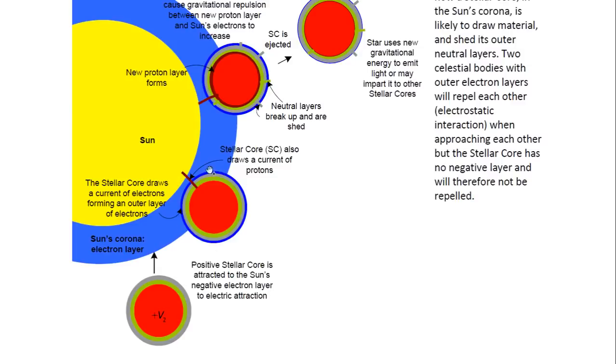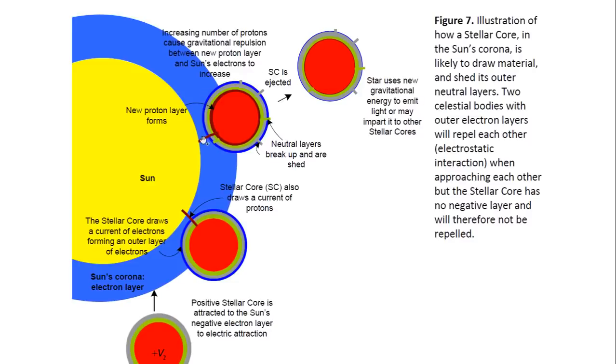And then once it has interacted electrostatically with the sun and gained a thin layer of electrons to go along with its positive charge, it will start drawing protons or matter from within the sun, and this matter will form a layer above the core of the object, and this neutral layer will start breaking up and it will be shed, and as the star gains protons, eventually gravitational repulsion between these protons and the sun's layer of electrons will cause the star to be ejected, but it will eventually come back and draw some more protons and electrons.